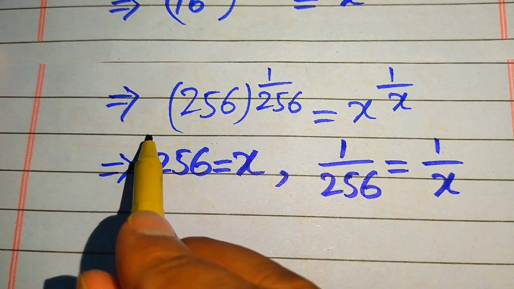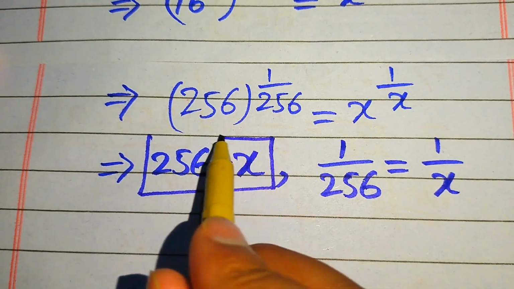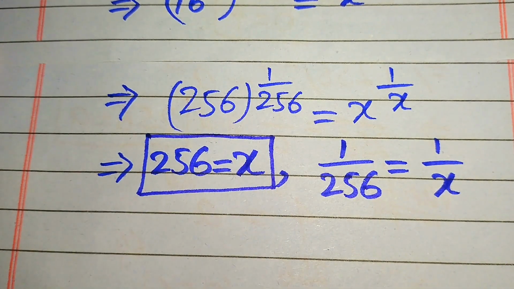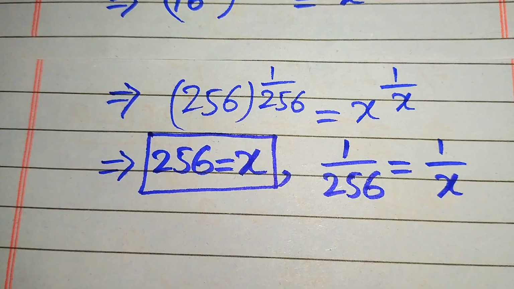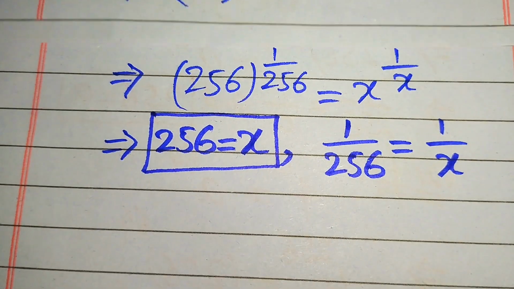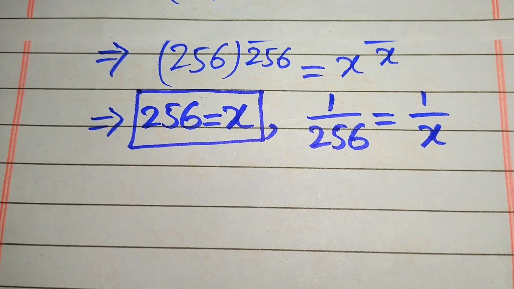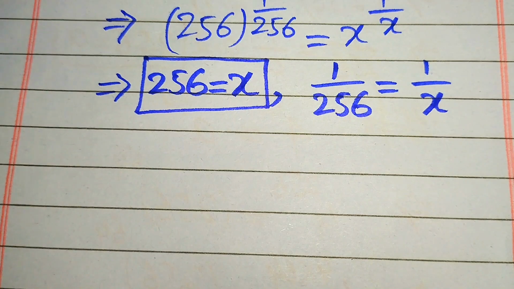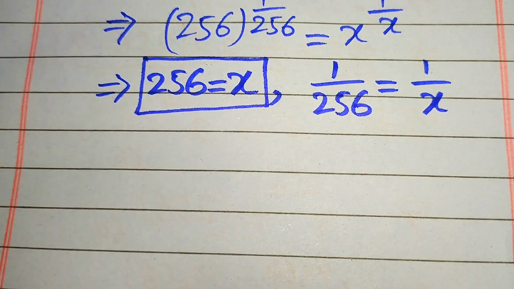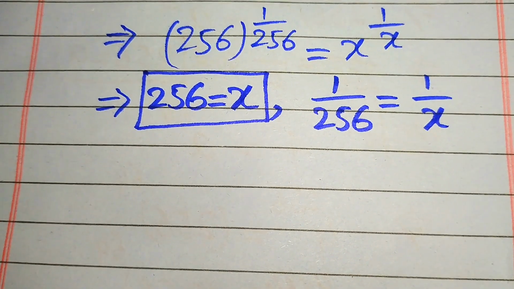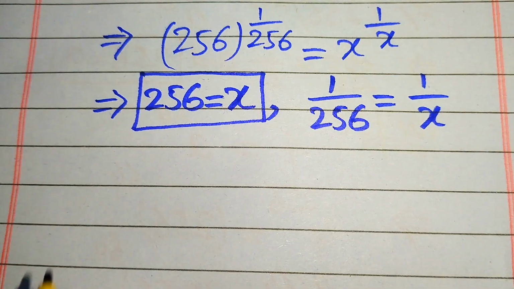So from both of these cases, we get only one value of x, that is equal to 256. Now in the next step, we just need to verify whether this value of x is the solution, or is this value of x an extraneous root.